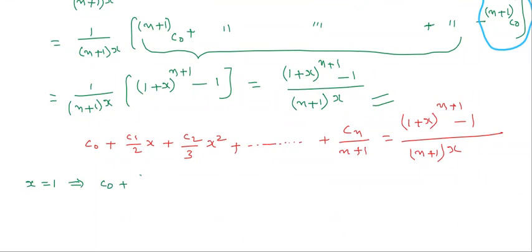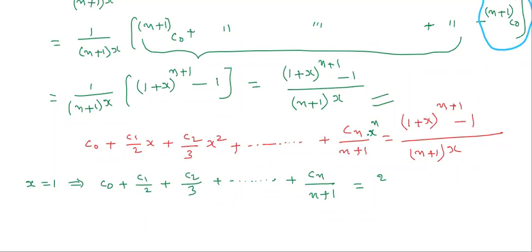C0 plus C1 by 2 plus C2 by 3 and so on. What about the last term, students? Cn by n plus 1. Here again we made a mistake. That is x power n, equal to, in the right hand side, in place of x substitute 1.